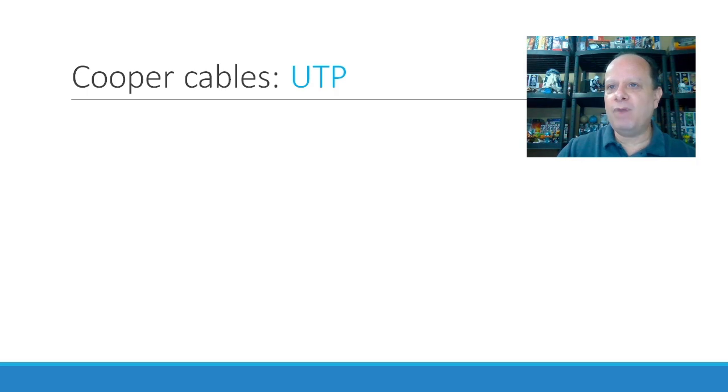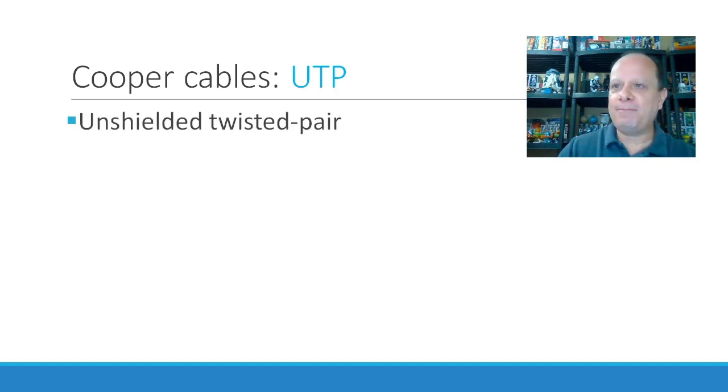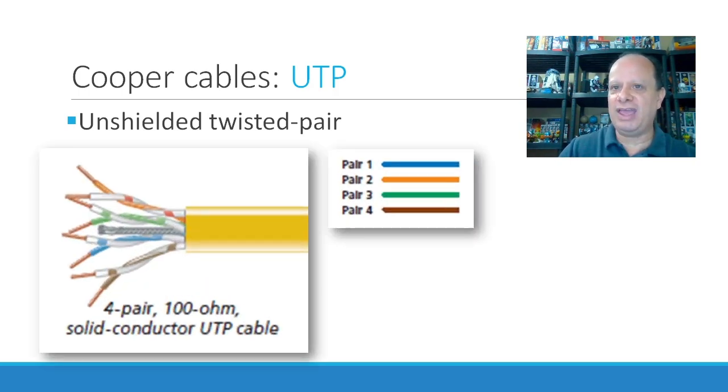Copper cabling is the most common type of cabling used in networks today. Data is transmitted on copper cables as electrical pulses. Unshielded twisted pair cabling, or UTP cable, consists of 4 pairs of color-coded wires that have been twisted together.